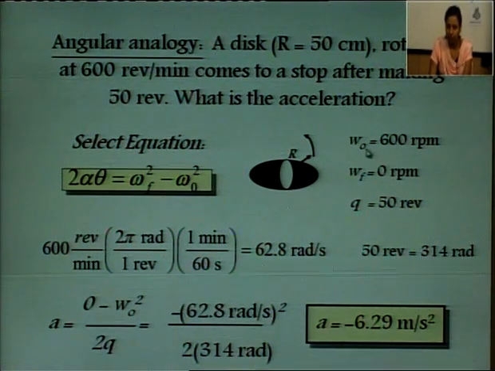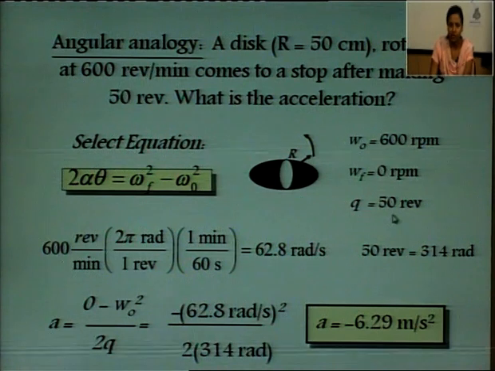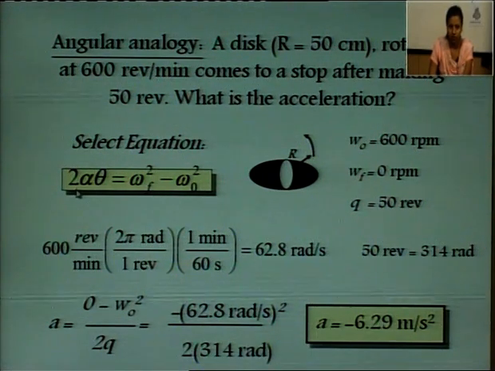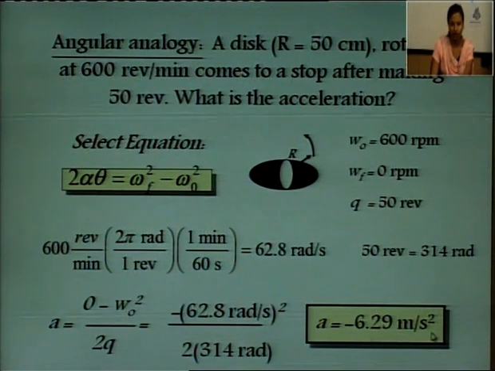The initial angular velocity is 600 and the final is 0, and theta is 50 revolutions. So, 2 alpha theta is equal to omega f squared minus omega naught squared. After substituting all these values, alpha is equal to minus 6.29 meters per second squared.